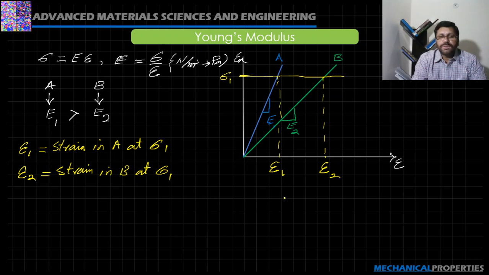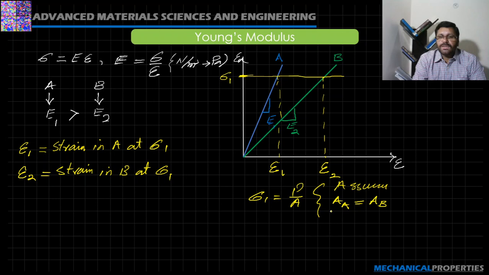Actually we are saying that sigma 1 is the same, so sigma 1 is going to be P over A, and here we assume that AA is equal to AB.